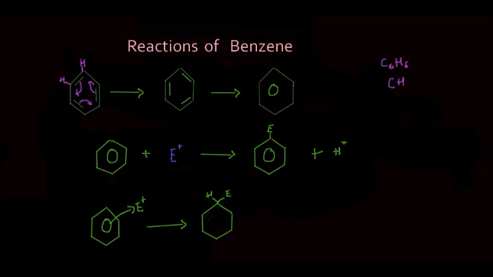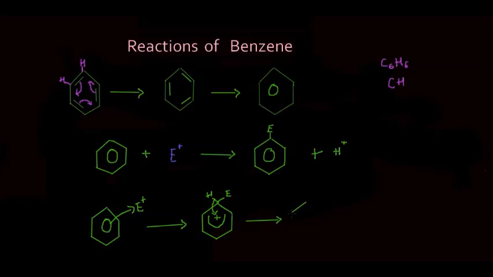which can be presented as half of the ring with a positive charge in between. So you can say that there is an intermediate formed with a positive charge. In the final product, the bond of carbon and hydrogen gets broken, and that moves inside to form the pi bonding system of benzene intact again.